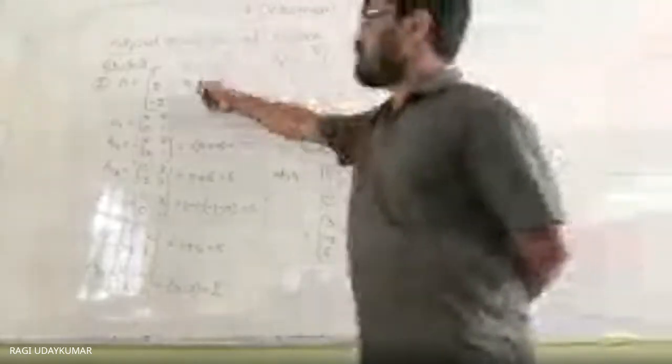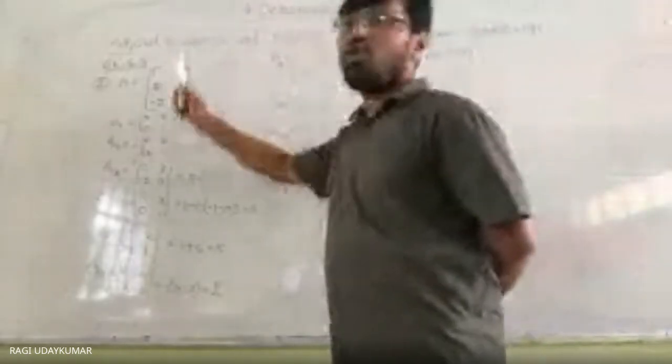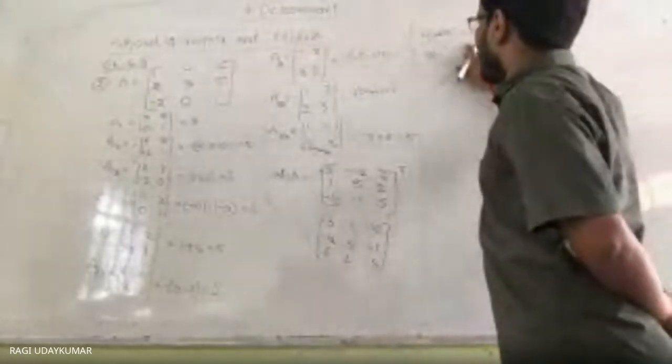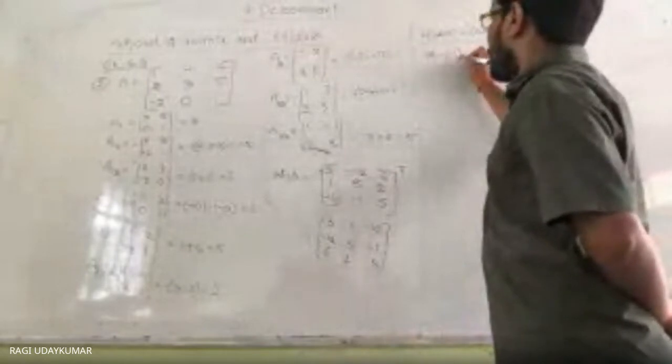In the second column, whatever the number is, minus 1 to the power of 1 plus 2, minus 1, and again minus 1 into the determinant of the matrix. Directly multiply that element with its cofactor. Minus 1, you multiply this element with its cofactor.